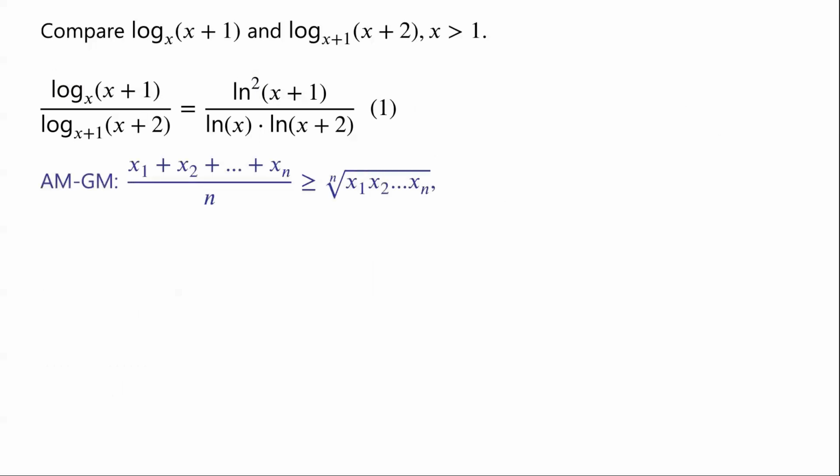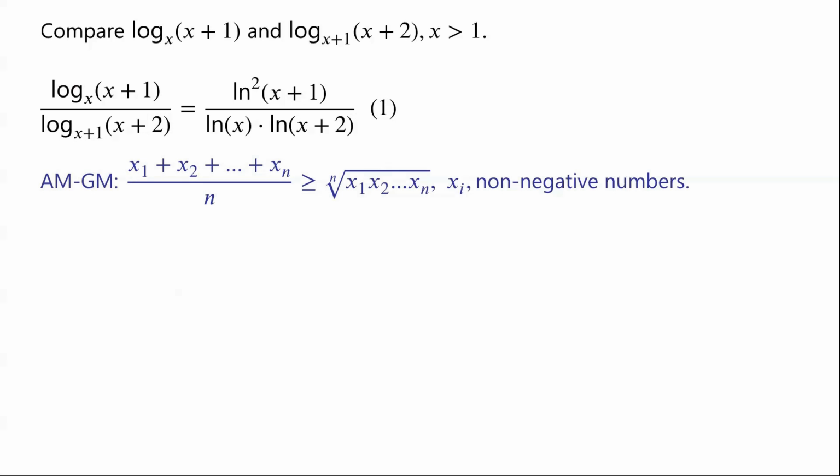We know that the arithmetic mean is always greater than or equal to the geometric mean. That is, x1 plus x2 plus so on plus xn over n is greater than or equal to the nth root of x1 times x2 times so on times xn, where x1, x2, and so on, xn, are non-negative numbers.